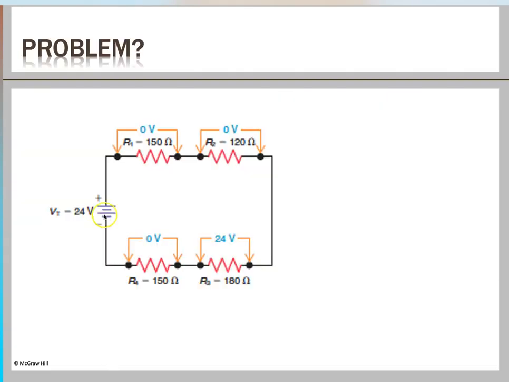And we are going to take this example. In this example, we have a supply voltage of 24 volts and these 4 resistances. We are seeing 0 volts here, 0 volts here, 0 volts here, and 24 volts here. This 24 volts is the same as the supply voltage.